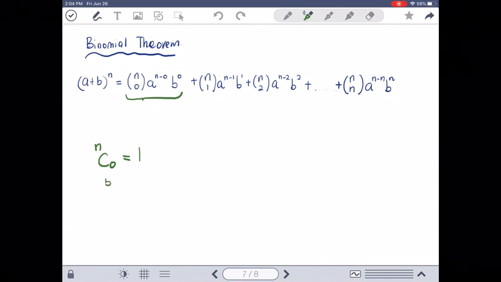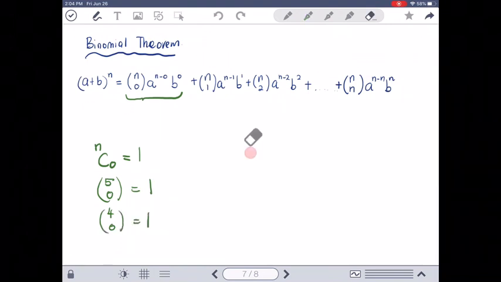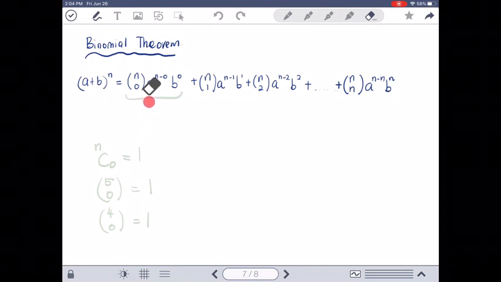For example, if you have 5C0, say, you press your calculator, you will get 1. Or 4C0 will always get 1. So it is known that this is just equal to 1.